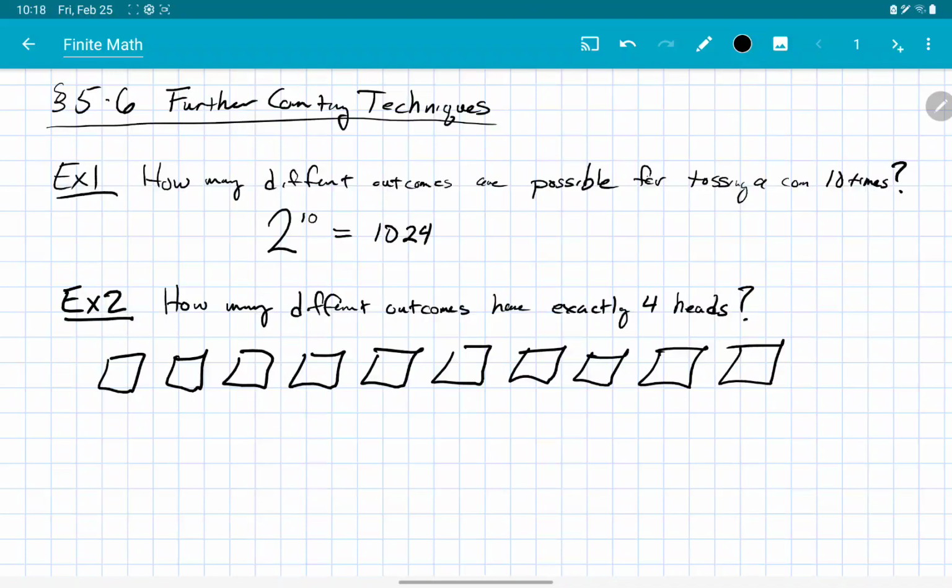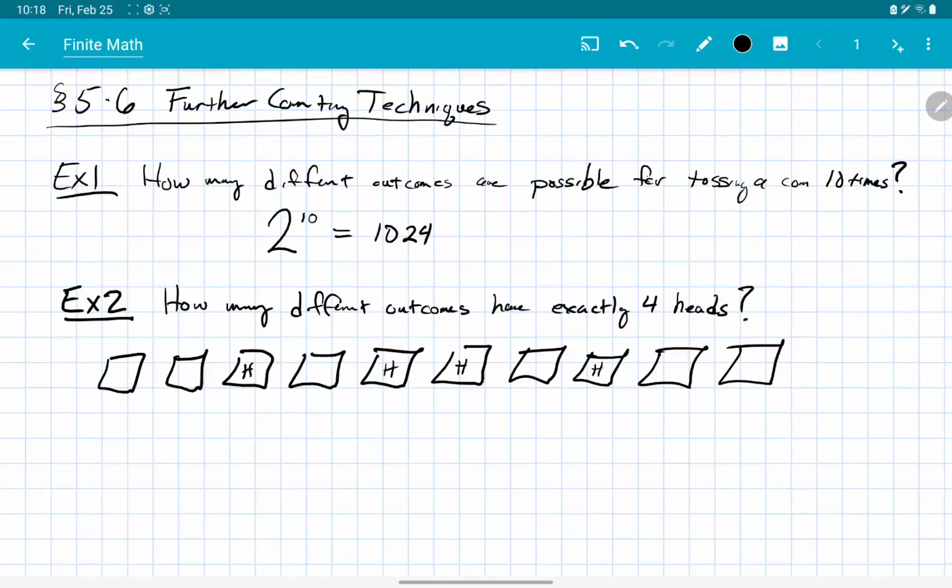So in these 10 boxes, I have 4 heads that I can put in. 1, 2, 3, 4. Okay, there's one possible outcome, and then the rest are tails, of course, right? Because we're saying exactly 4 heads. So if I pick those 4 boxes, that's one of the outcomes.